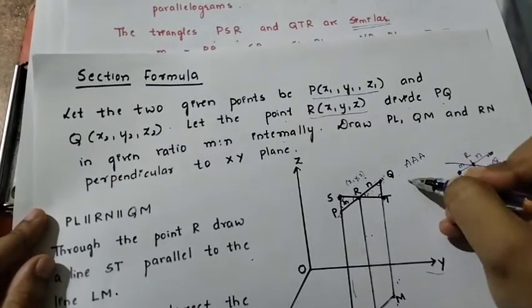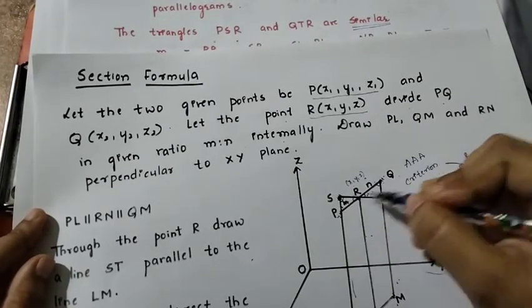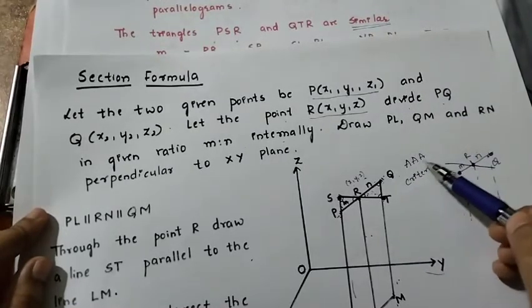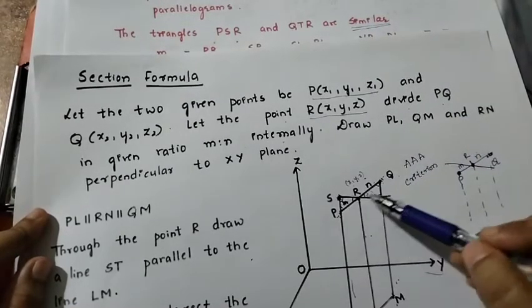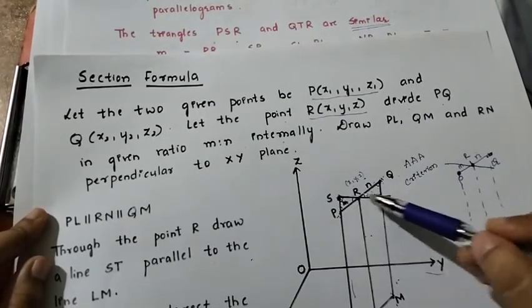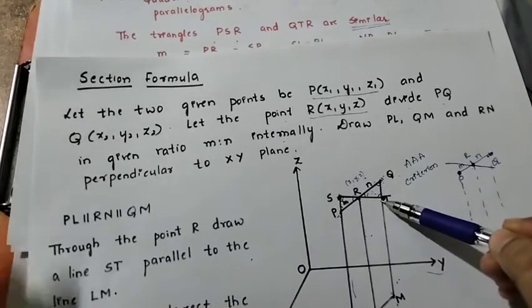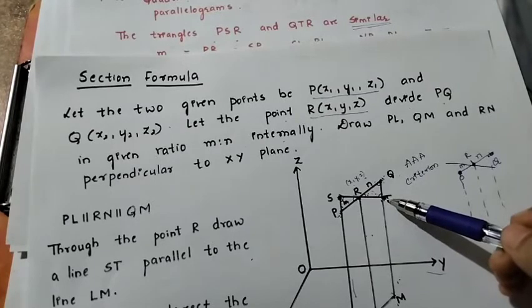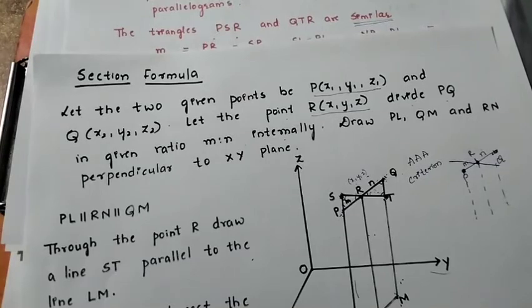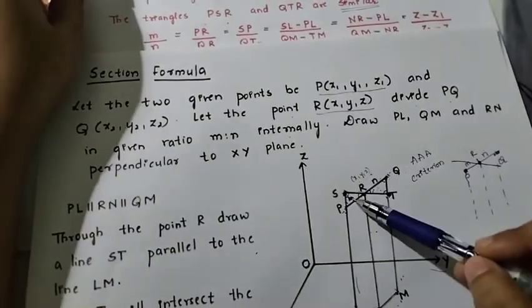AAA criterion, you can tell that these two triangles are similar. Why? Because there are two parallel lines cut by a transversal line. If a transversal cuts two parallel lines, then pairs like alternate angles, adjacent angles and vertically opposite angles will be equal. Using that concept, I have written that these two triangles are similar.